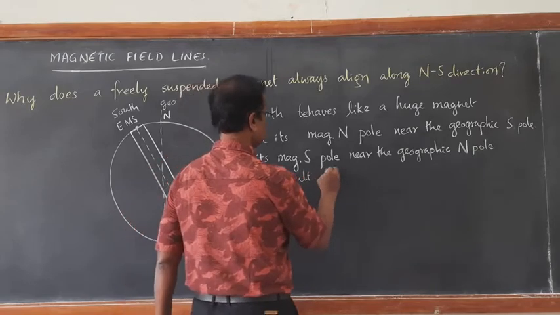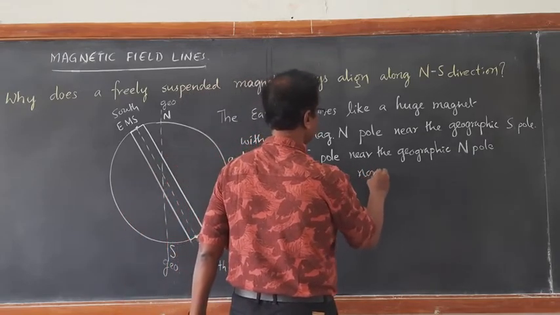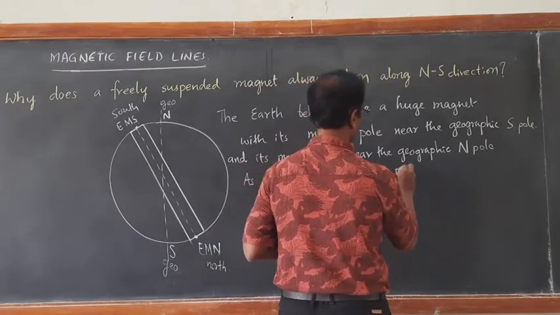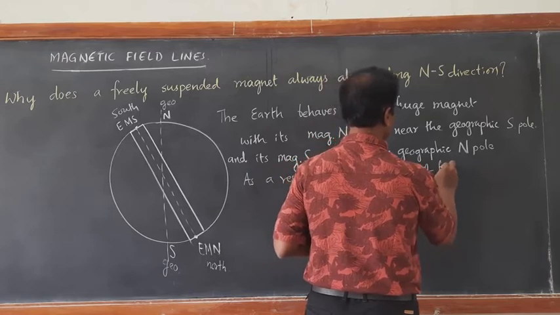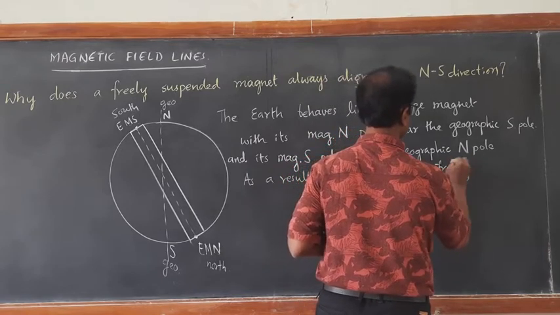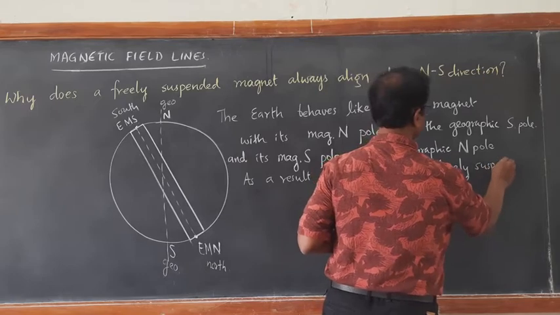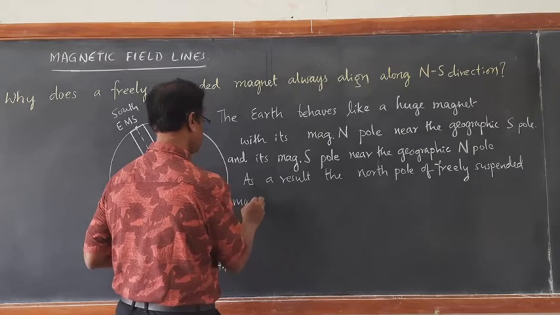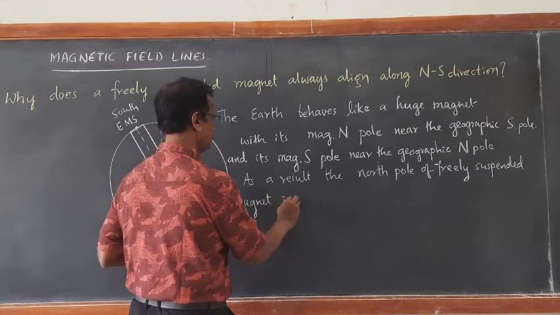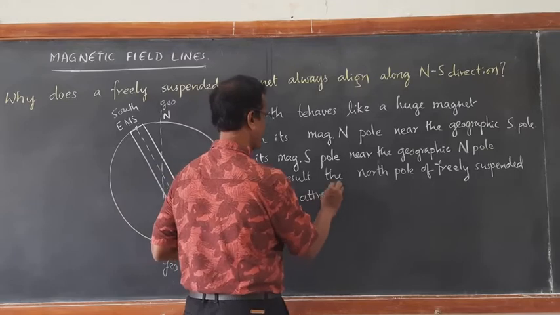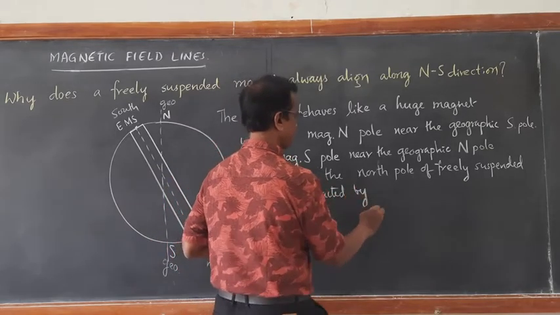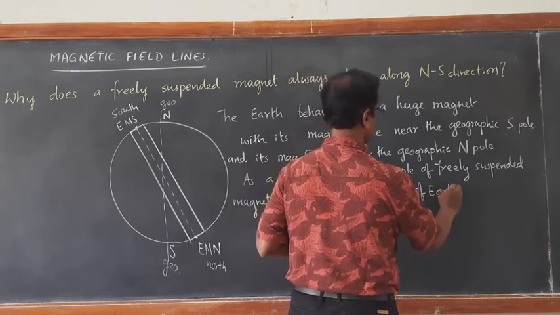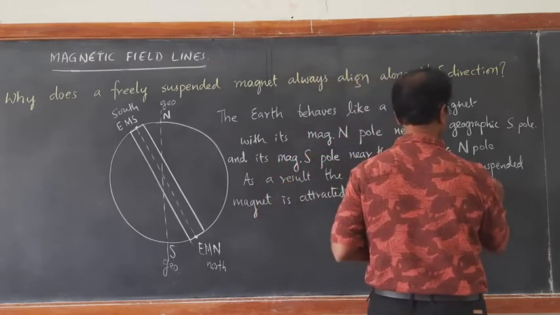the north pole of a freely suspended magnet is attracted by the south pole of earth and vice versa.